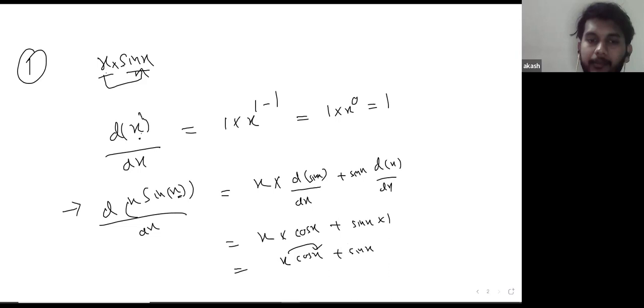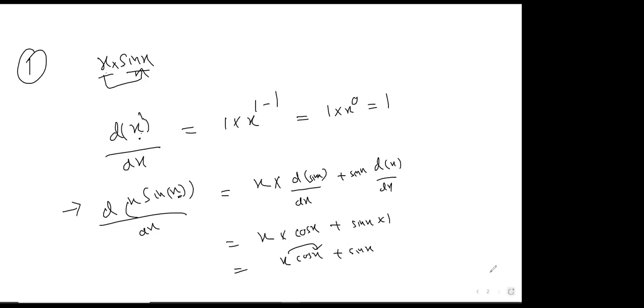All right. Another question. x cube sin x upon cos x. Try to solve this one.